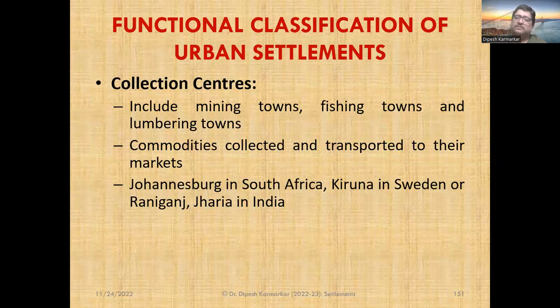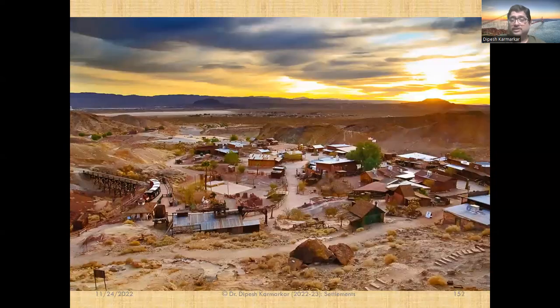Some examples of such collection centers in general, as I said, depending upon the function, we can subclassify them into mining towns, fishing towns, etc. In general, when we say collection centers, examples like Johannesburg in South Africa, or Kiruna in Sweden, or Raniganj and Jharia in India. These are some of the important examples of collection centers.